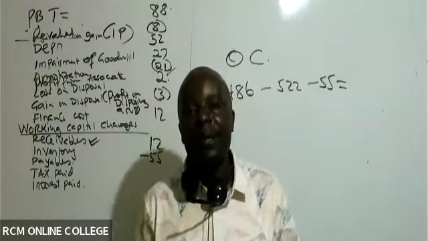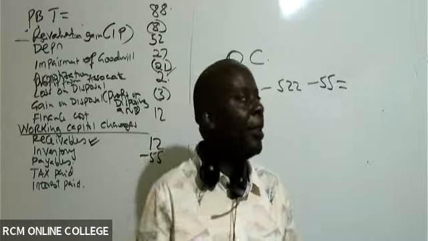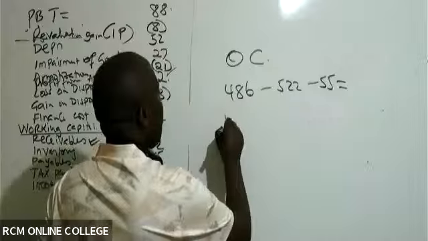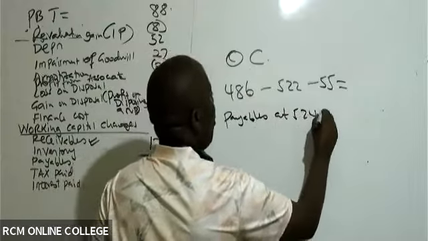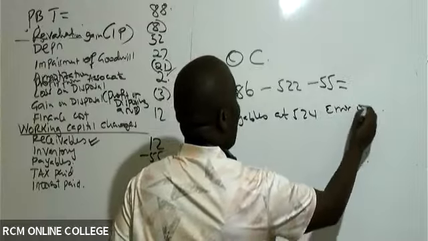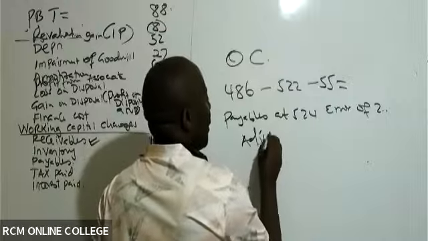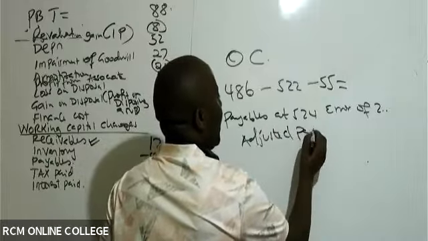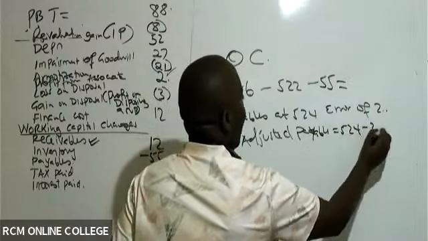Huyo accountant mzembe akapeleka hiyo figure kwa payables. So payables in this case here at 524 has an error of 2. So the adjusted payables will be 524 minus 2.